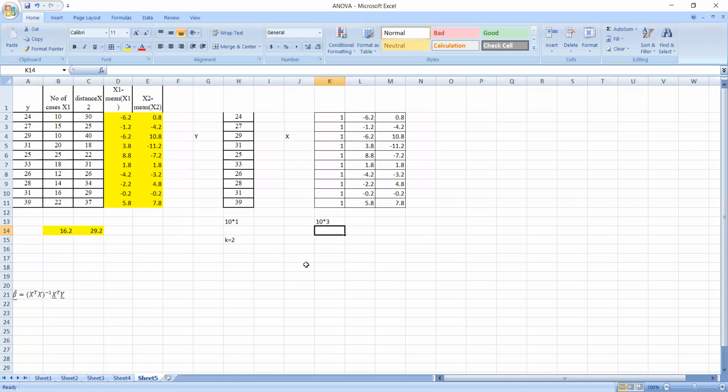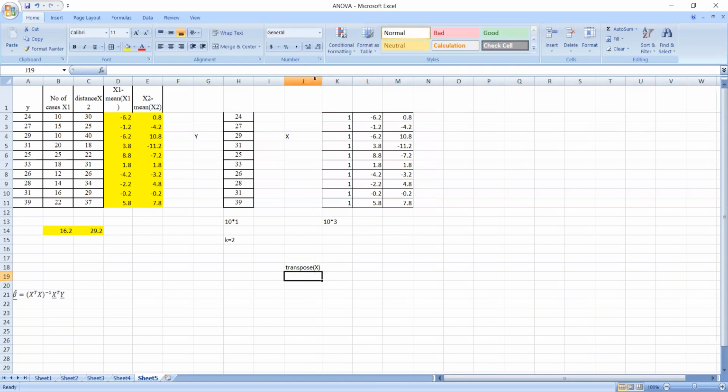So let's calculate X transpose now. This is the transpose of the matrix X. So we know when we are calculating the transpose, we have to take every column and write it as a row.